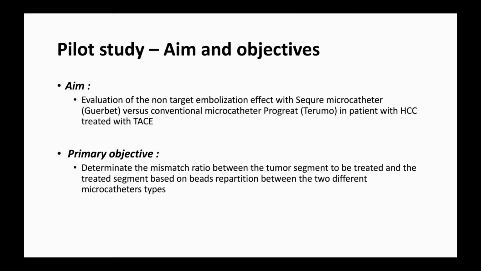In that study, we evaluated the non-target embolization with the secure microcatheter versus a conventional microcatheter in patients with HCC treated with a first-stage treatment. So we determined the mismatch ratio between the tumor segment to be treated and the treated segment based on bead repartition between the two microcatheter types.